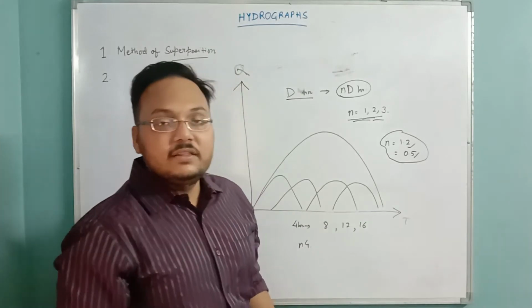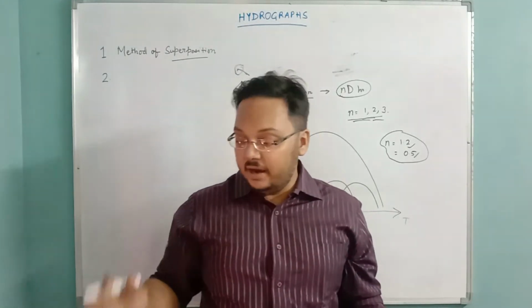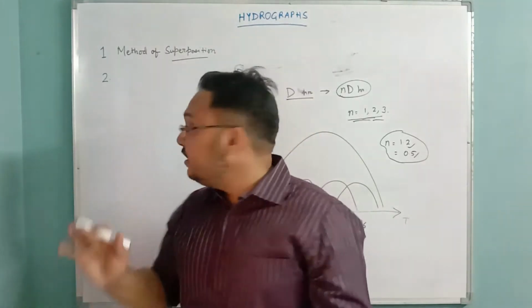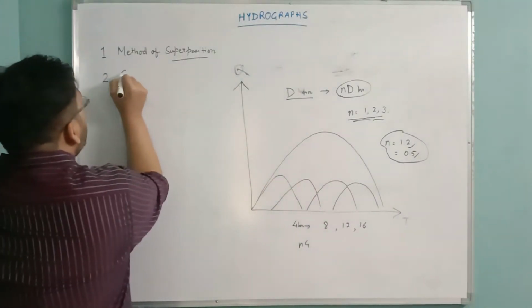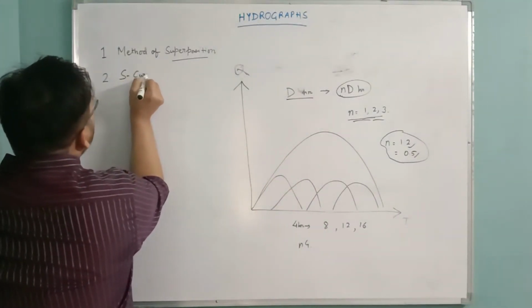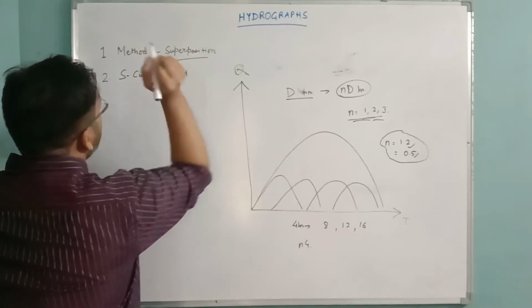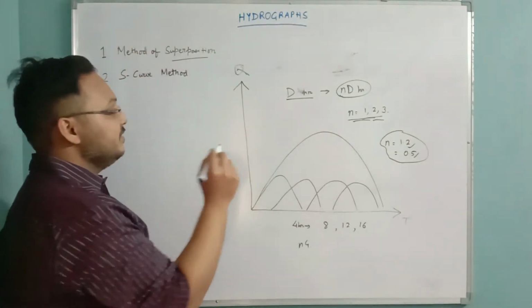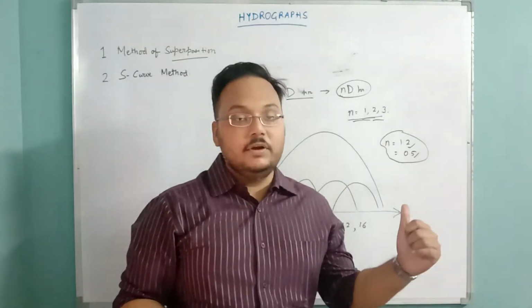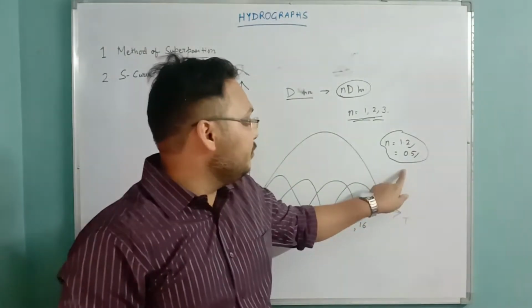This will be studied in this part, and this is known as the S-curve hydrograph, or you can simply say the S-curve method. So this is the S-curve method, where we are going to talk about this type of scenario.